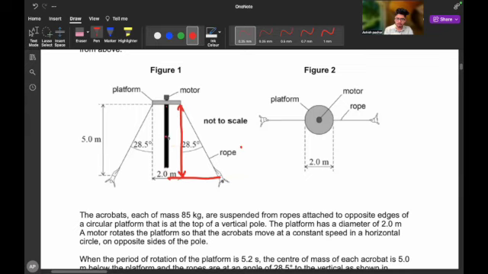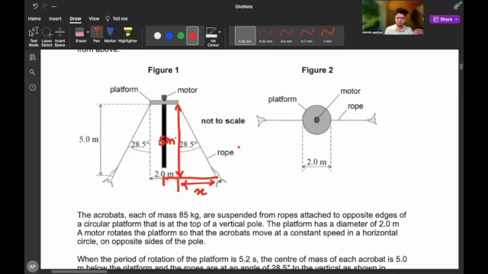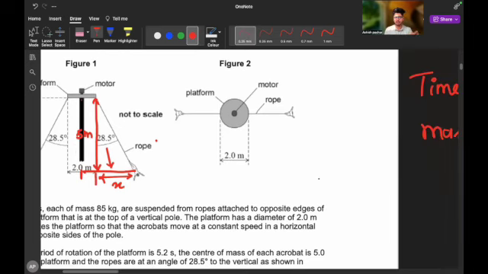Let me know which trigonometry formula you would use to find this. As I get this distance, let me call it x, and I add the 1 meter, and you will get the total radius. To find this x value, the opposite is what we have to find, and the adjacent is known to us, so you can easily use the tangent.